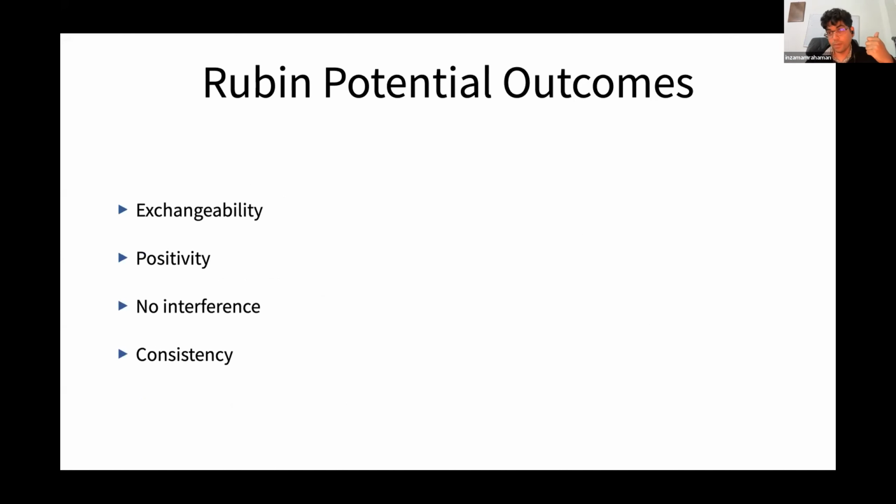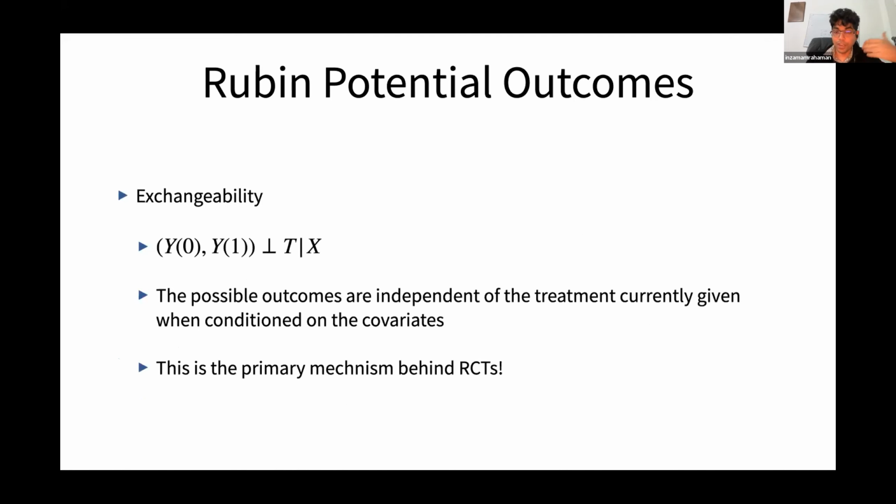First is exchangeability. Exchangeability is pretty much saying that the potential outcomes are independent of the treatment condition given the covariates. And this is actually the governing assumption that governs how we perform RCTs.